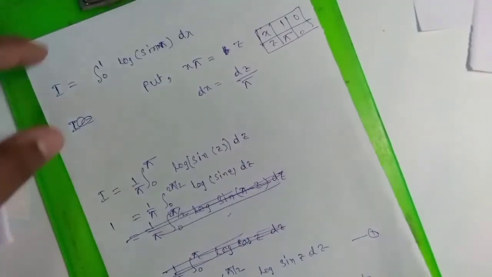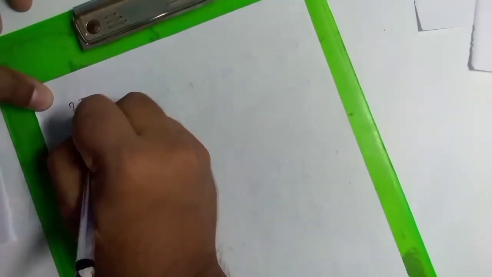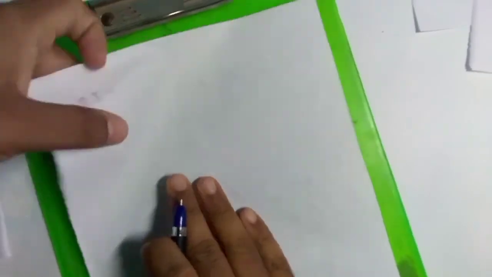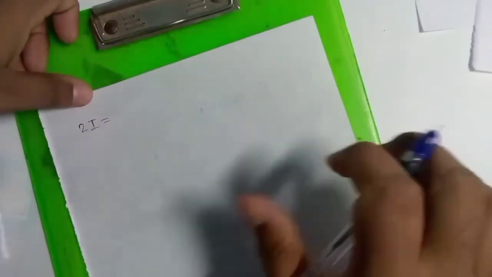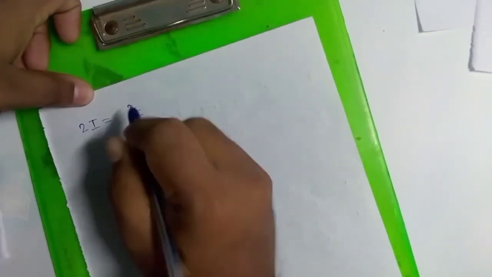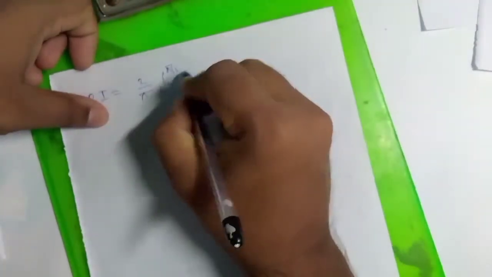Therefore 2I is equal to 2 by pi integration 0 to pi by 2 log of sin z cos z dz.